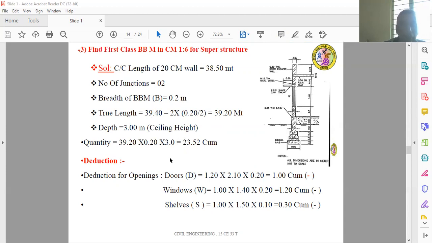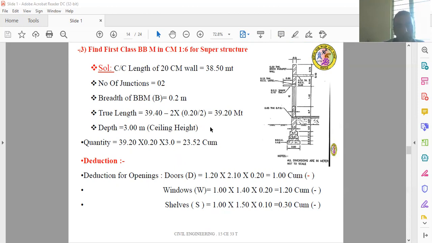In this brick masonry, special care should be taken for finding the deduction. That means you have to deduct the openings as well as the lintel quantity. These quantities are included in the primary stage of the calculation. At the primary stage, you have to assume all the walls are solid walls.